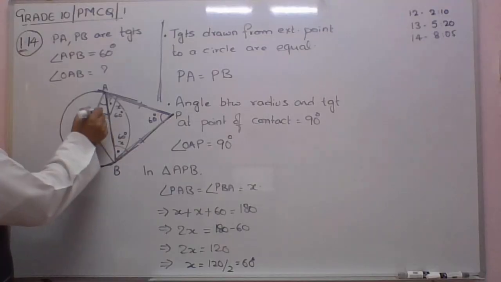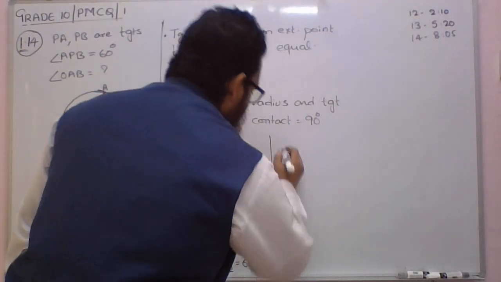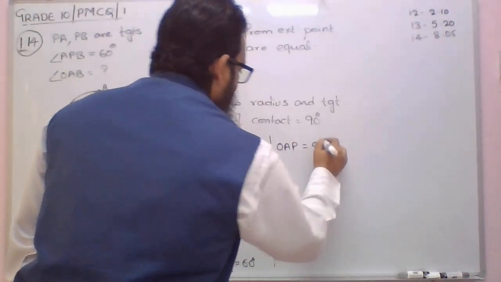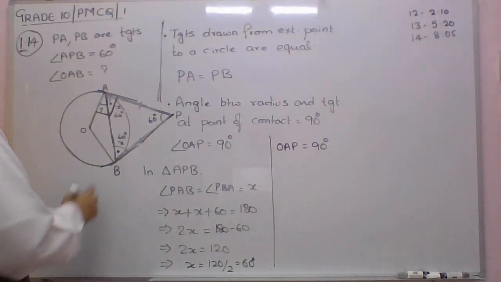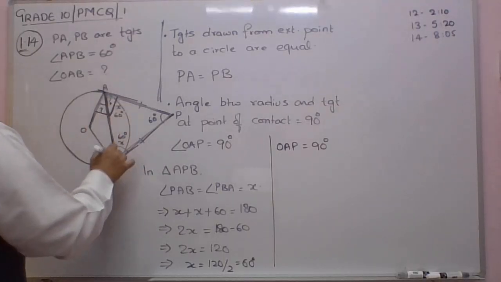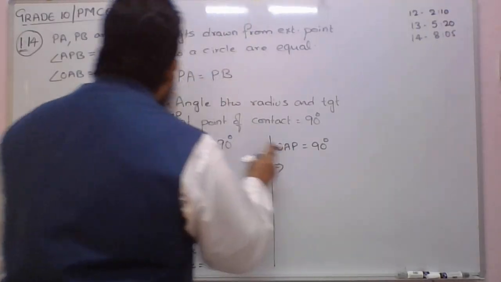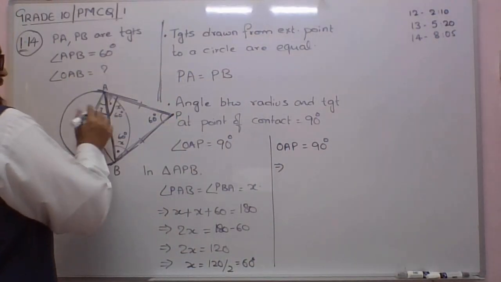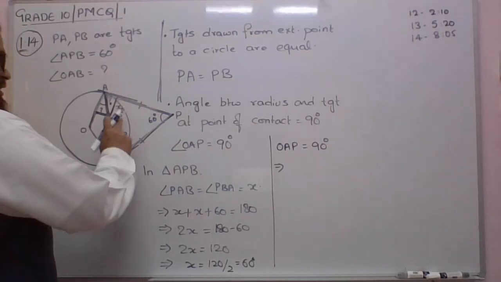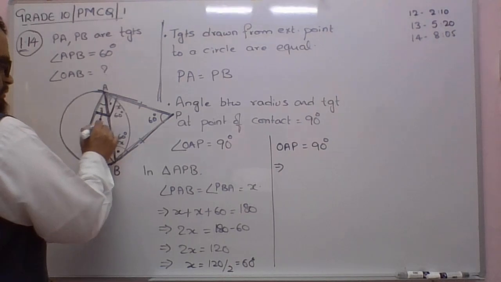So now OAP is how much? Angle OAP is equal to 90 degrees. How is OAP formed? OAP is the sum of OAB and BAP, right? So OAP, this total sum, how much is it? 90 degrees. From 90 degrees, if I subtract this 60 degrees, what is left? 30 degrees.